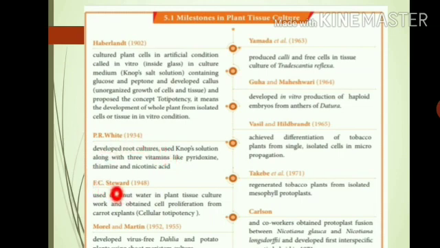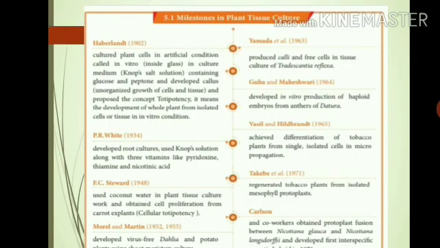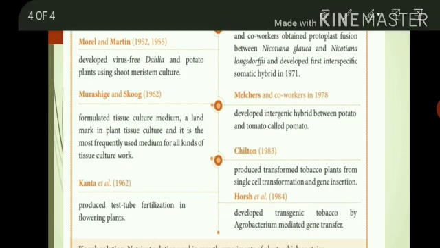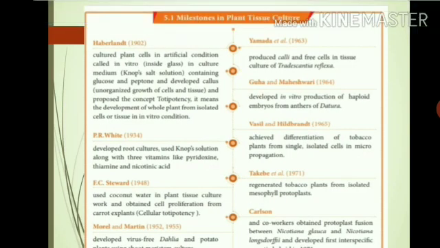Next scientist was F.C. Steward. He proposed coconut water as a medium. F.C. Steward, in the year 1948, used coconut water in plant tissue culture work, because coconut water is nothing but a cellular endosperm.